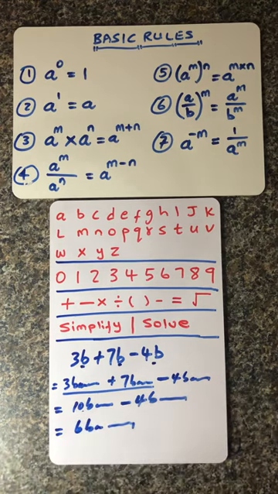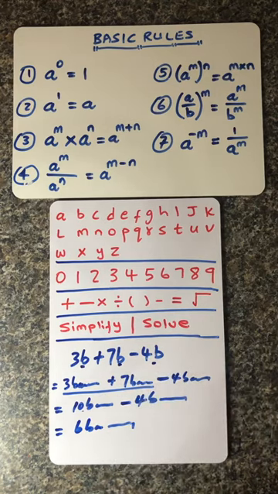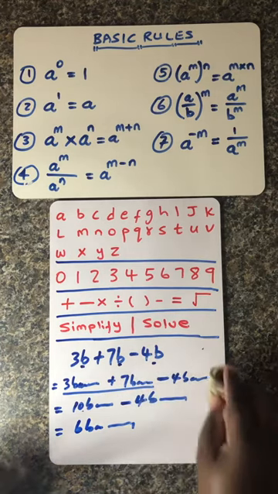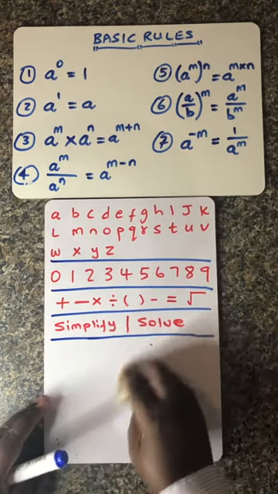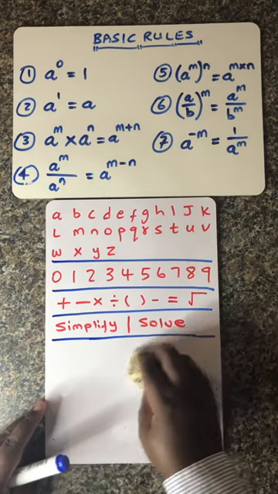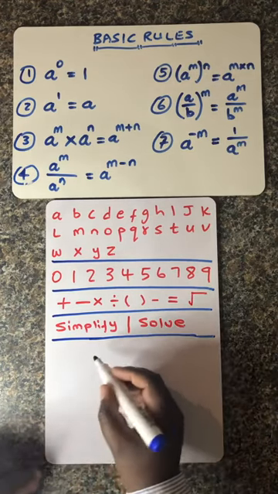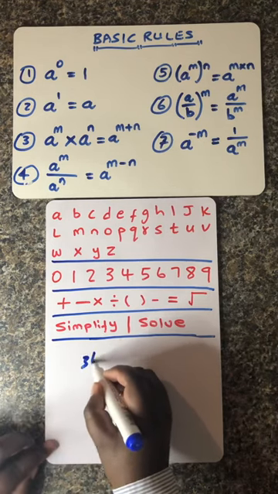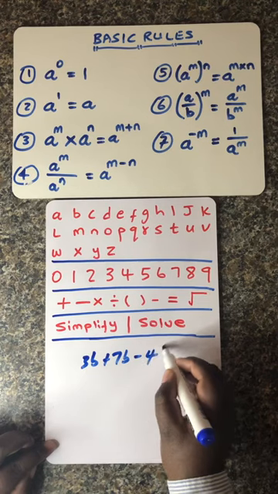Can you see? If you give these letters a meaning, then it becomes easy to understand, easy to solve or interpret. If we didn't use the word bananas, we know it's 3b plus 7b minus 4b.